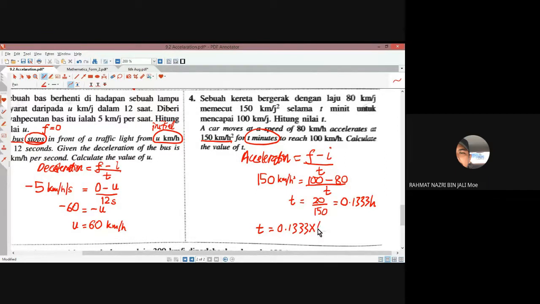So to convert to minute, kita perlu ambil this one, 0.1333 multiply by 60. So kita akan dapat 7.998 minute. And this one we have to round off. So, jawapan yang paling cantik ialah 8 minit.